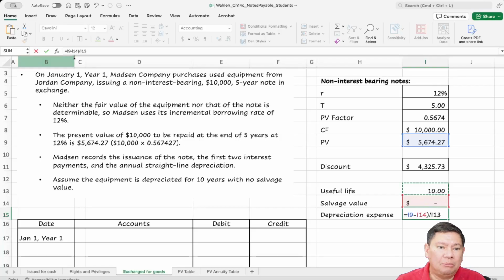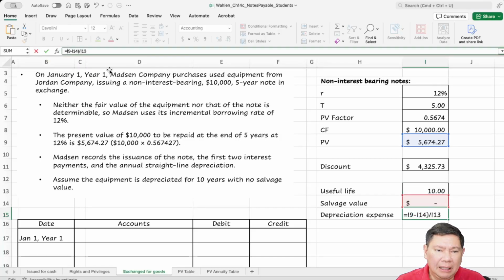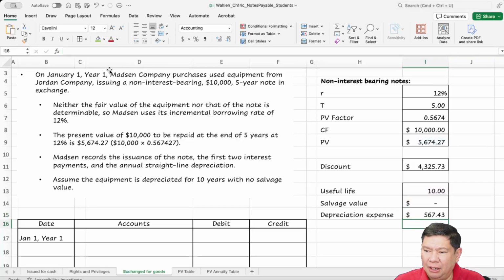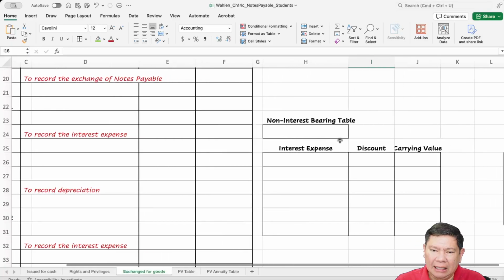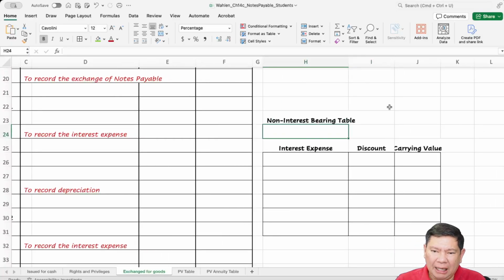I need to put a bracket here at the beginning. So the cost minus salvage value divided by the number of years of its useful life, we get 567.43.